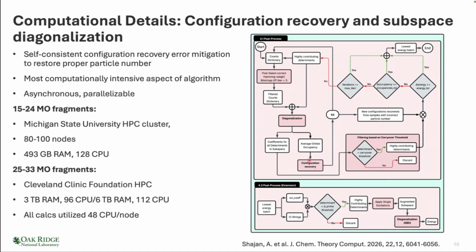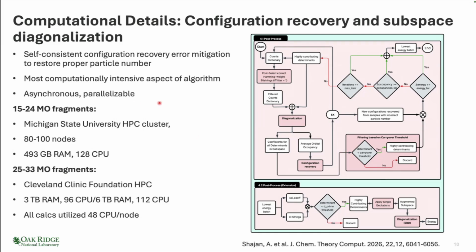We'll perform a diagonalization, and based on the occupation numbers of the correct samples, you'll use those to perform configuration recovery to correct probabilistically and try to determine where these errors occurred.